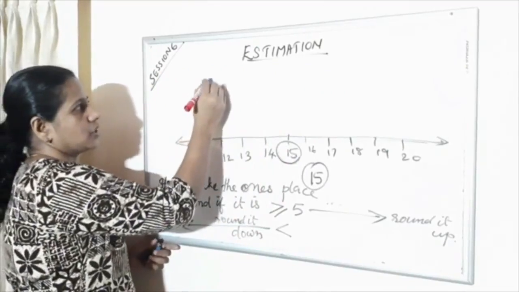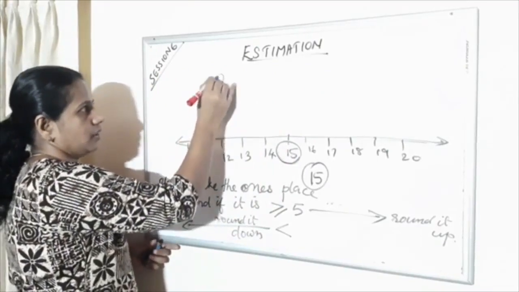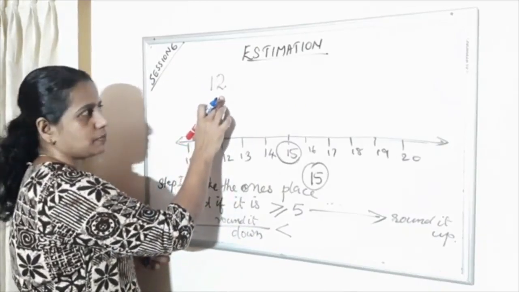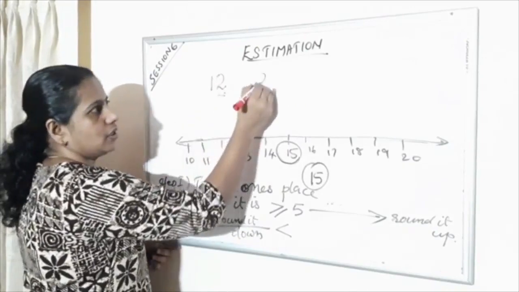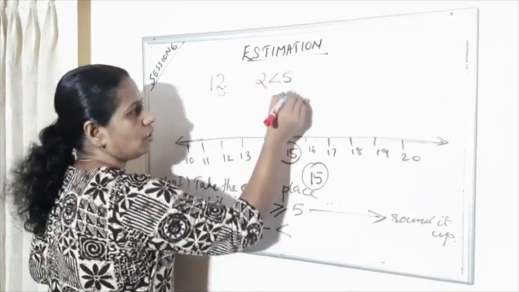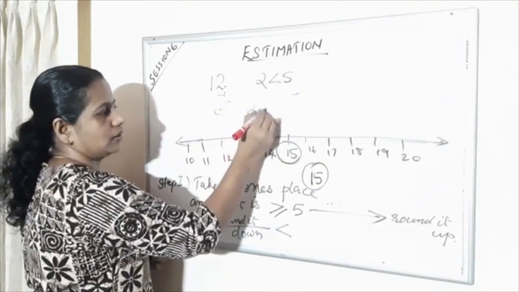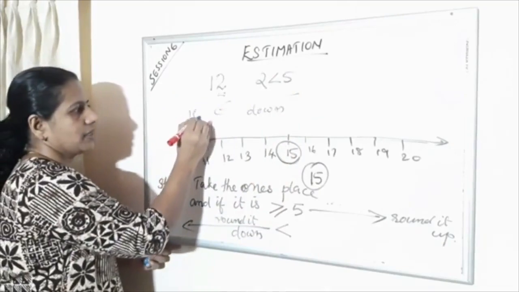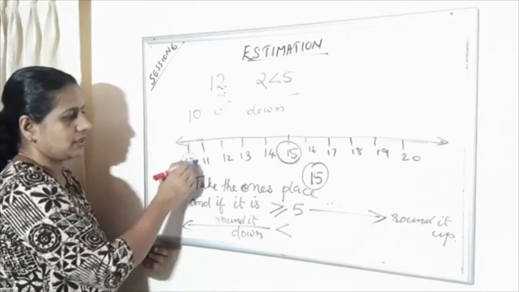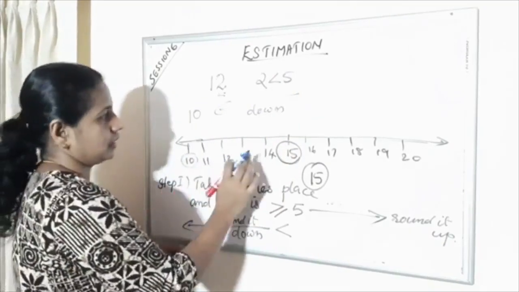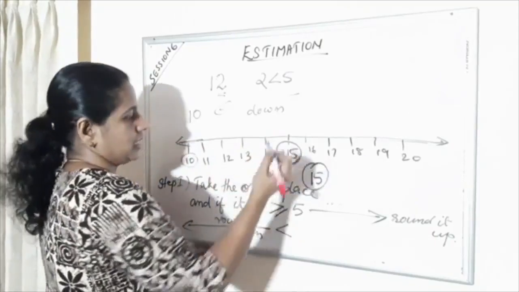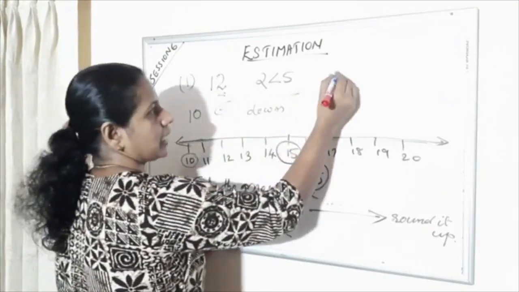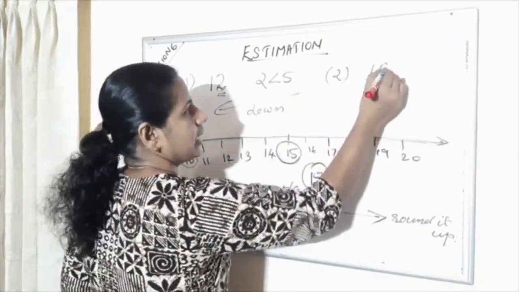Take the number 12. Your first step, take the ones place, that is 2. Here 2 is less than 5, so round it down to the nearest multiple of 10, that is 10. Then take another example, the second example, 18.